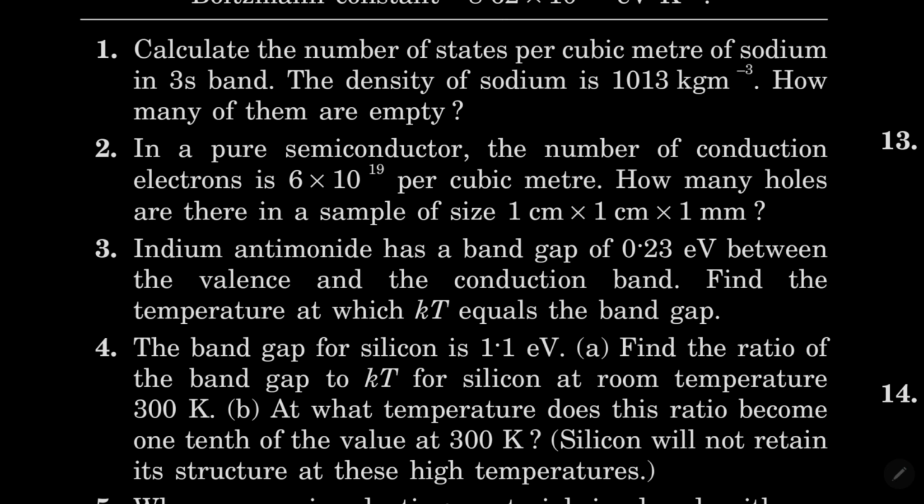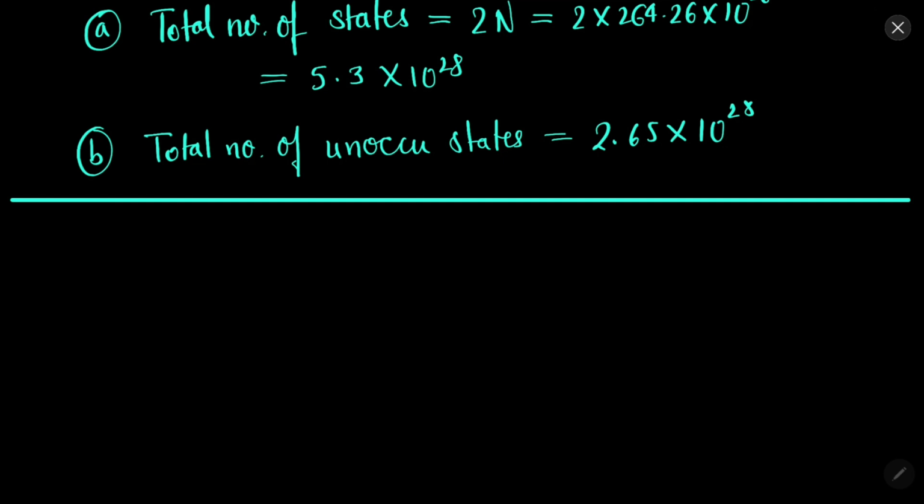In question 2, we have a pure semiconductor. The number of conduction electrons is given. How many holes are there in a sample size of 1 centimeter into 1 centimeter into 1 millimeter? So question number 2.